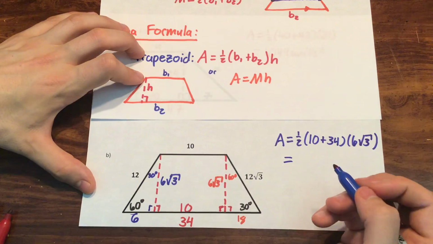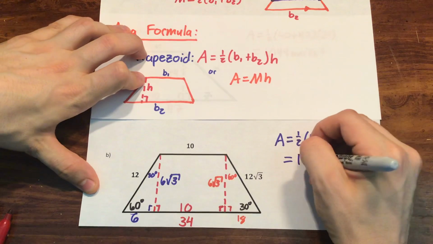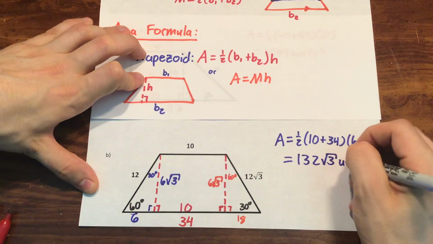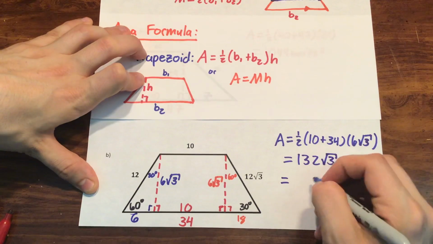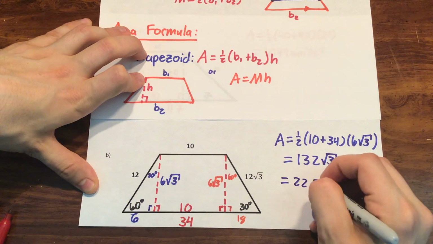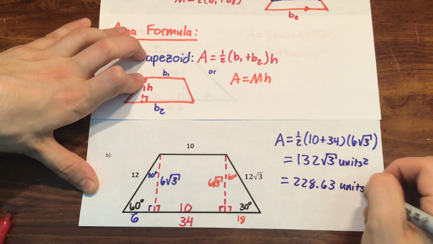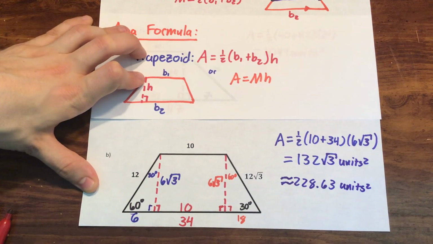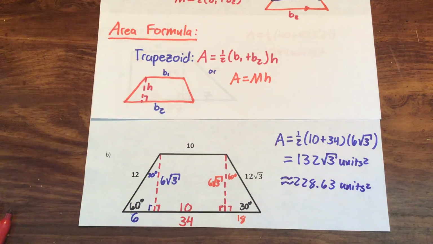When we simplify that down, we get 132 times the square root of 3 units squared, or in decimal form, approximately 228.63 units squared. So there we have it for example number 2.